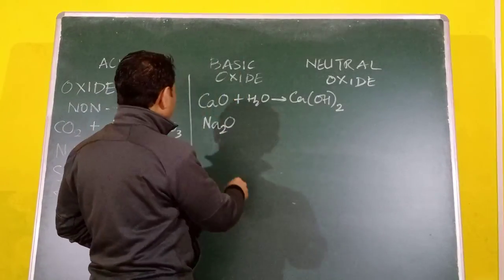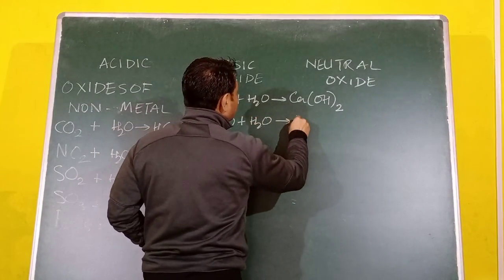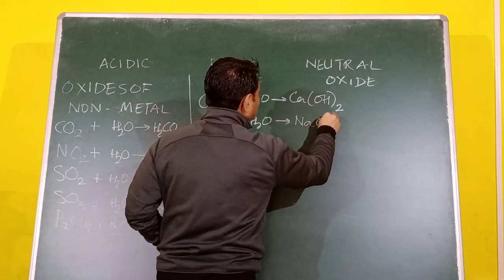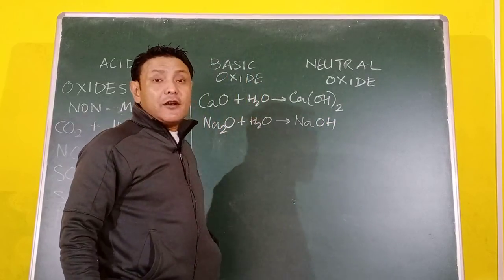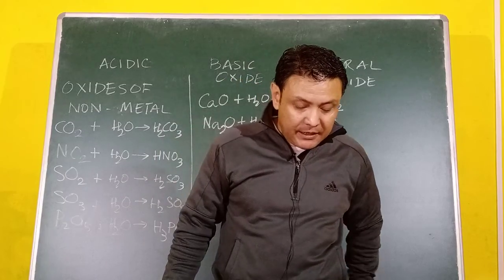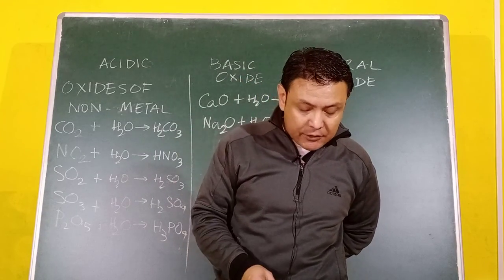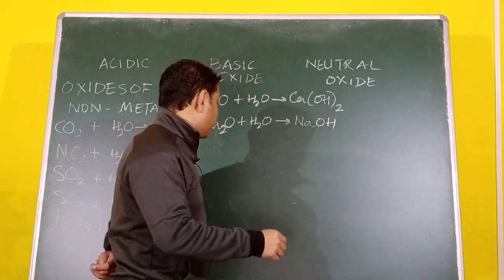Similarly, Na2O, if you dissolve it in water, you get sodium hydroxide. So oxides of metals are bases. They are basic in nature, and they react with an acid to form salt and water.